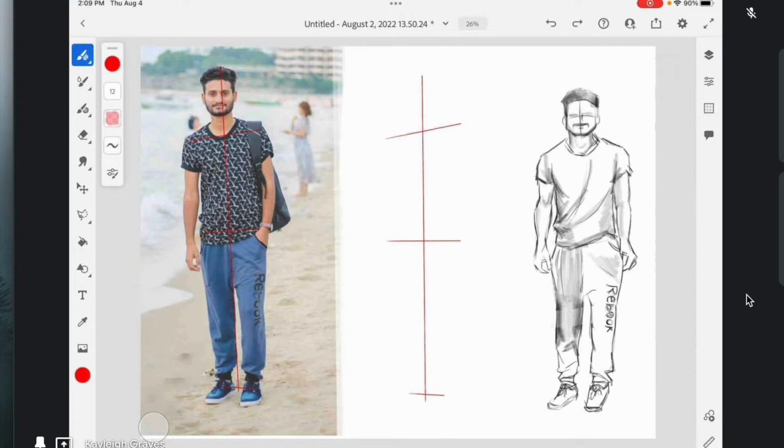All right. Now from there, we're going to start focusing on the head, because if we get the head right, then we can get everything else right.